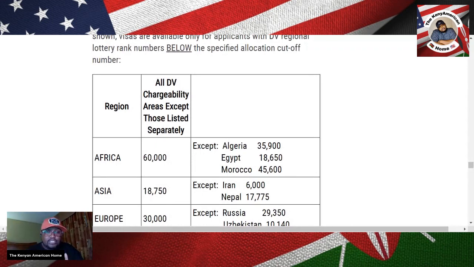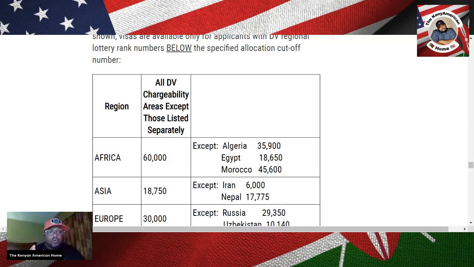Those three countries had really high selections in DV 2023, and so those ones are limited in numbers. But for everyone else, if your case number is 60,000 or below, you've ideally been given the green light for your case number to be processed.